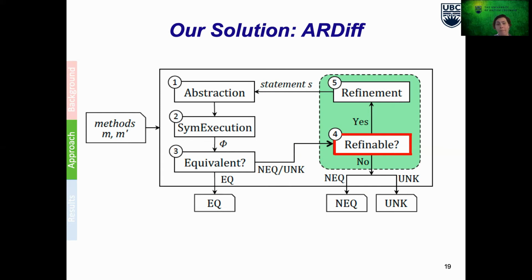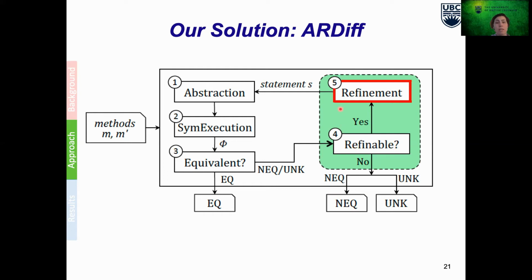But that can happen because abstracting too much information prevents the SMT solver from reasoning about the code in full, as we just saw in the running example. Thus, ARDiff checks if the summaries still contain uninterpreted functions and whether refining these functions can help produce an accurate result. If not, the current result is simply returned to the user.